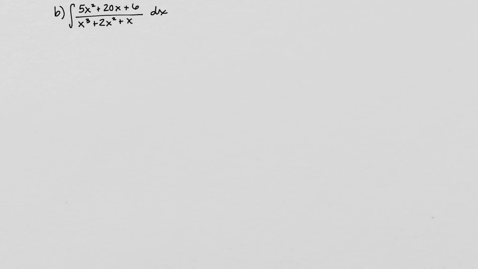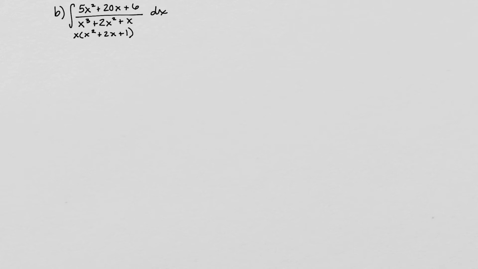So now we have to think about factoring that bottom, right? So I have x cubed plus 2x squared plus x. So if I'm going to go about factoring that, what's one of the things I could do first? Yep, factor an x out. So x times x squared plus 2x plus 1. And then I need to factor x squared plus 2x plus 1.